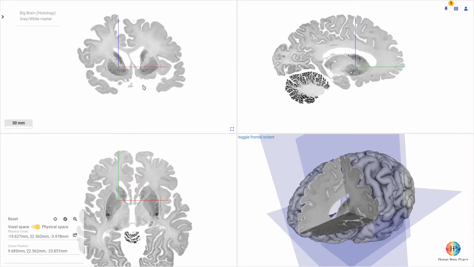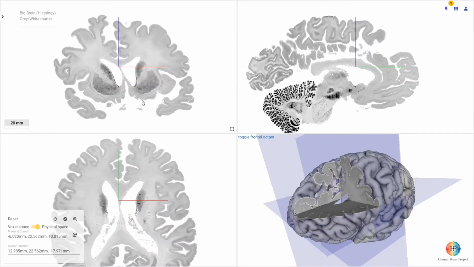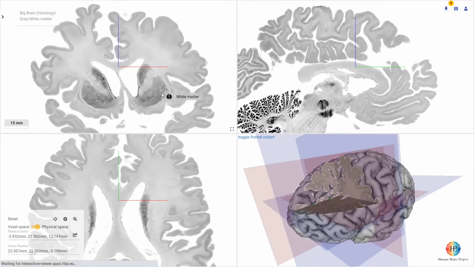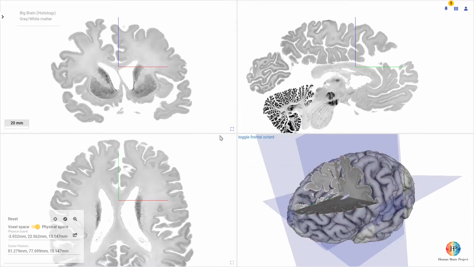This is very hard to see on the gross specimen because they're very small. So at least with the computer modeling that we have, we can zoom in and fix the layout here on our screen. Okay, so caudate nucleus, the internal capsule, its anterior limb, and the putamen over here.